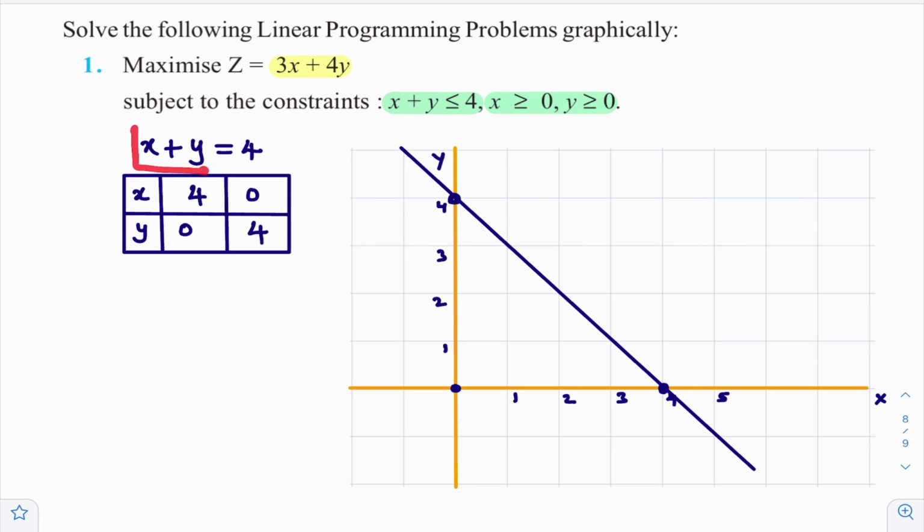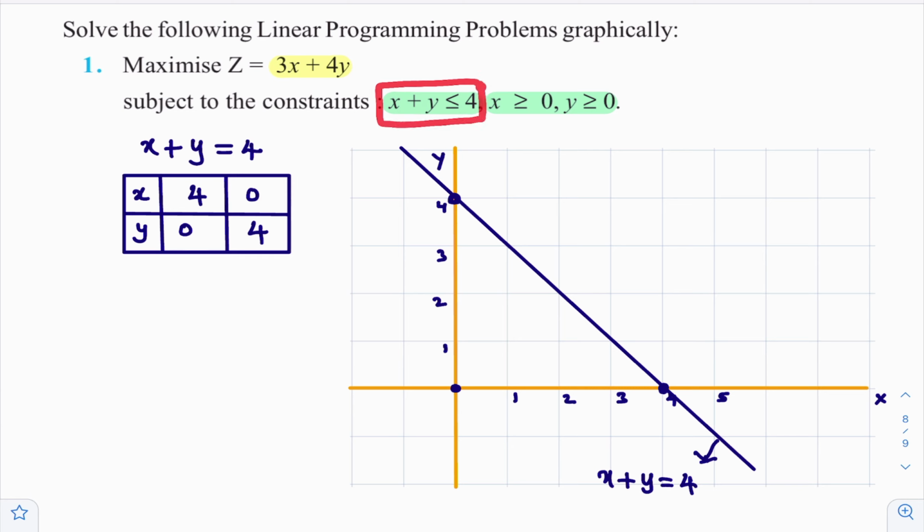Now we got the line x plus y equal to 4. You name this line. This line is x plus y equal to 4. Okay. Now we need to find the solution of this inequality. That means for what values of x and y satisfies this inequality.